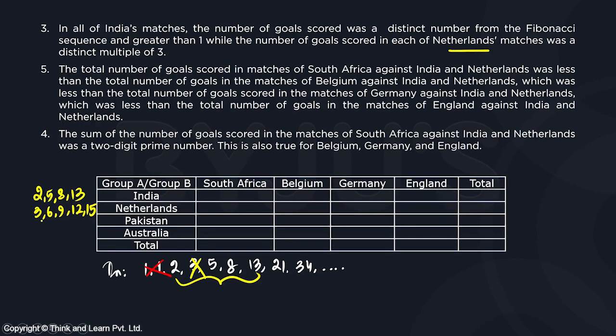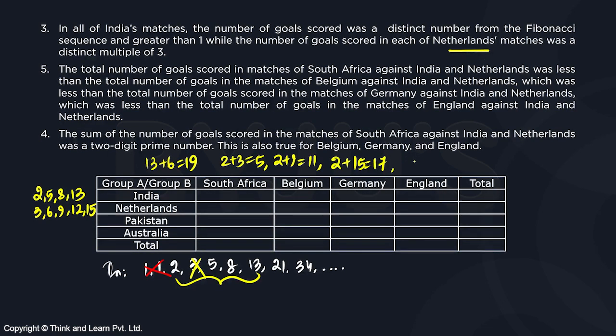And 8 and 15 is 23. 13 and 6, which is 13 plus 6, is 19. We can have 2 plus 3, 2 plus 9, 2 plus 15. So 2 plus 3 is 5, 2 plus 9 is 11, 2 plus 15 is 17. So these are 3 possibilities.